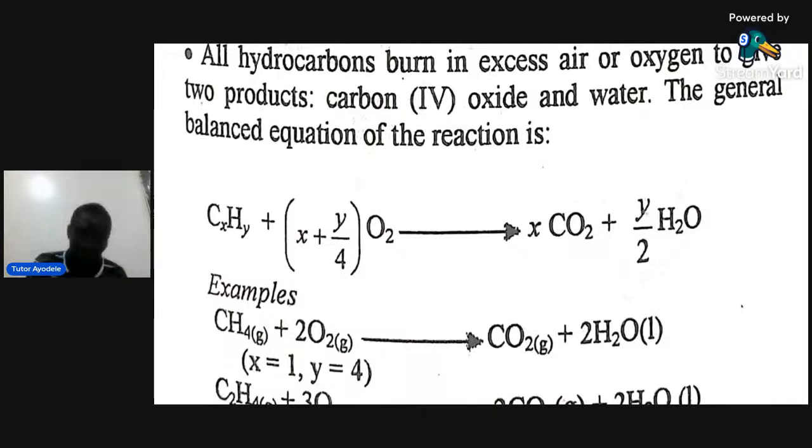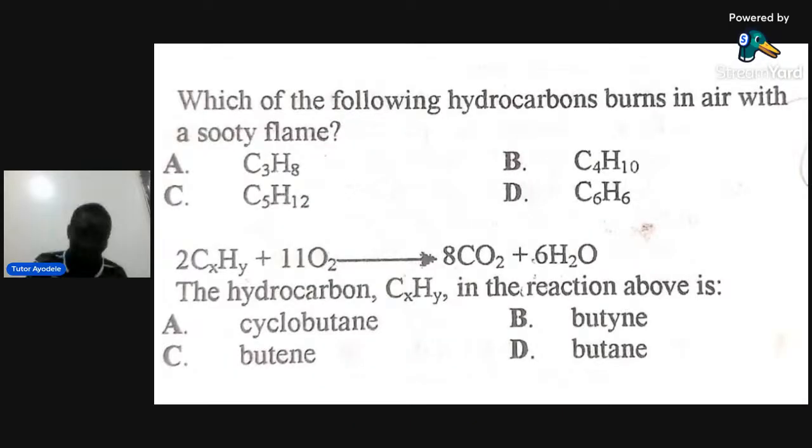Okay, let's look at something from the question. Yes, from the general formula we use, here is Y over 2, right?